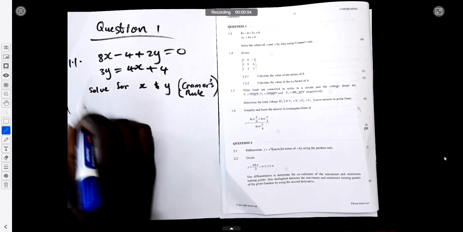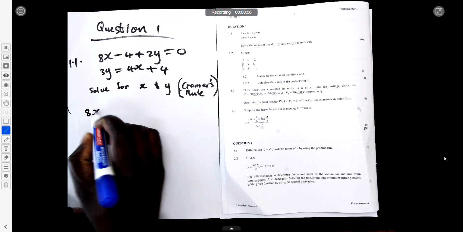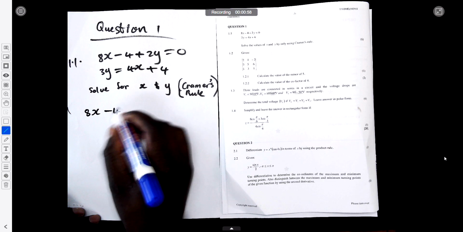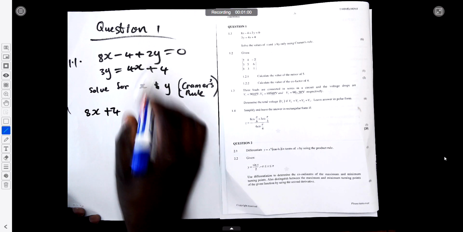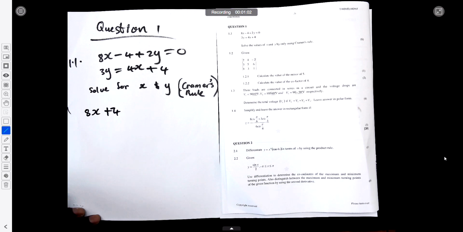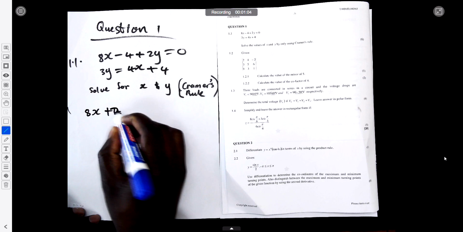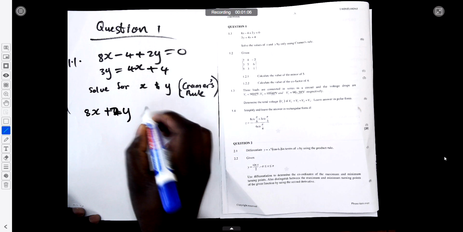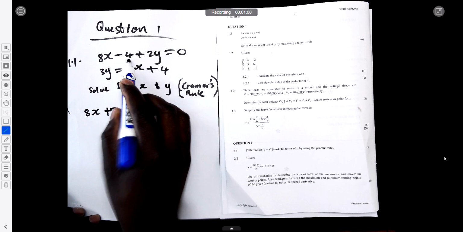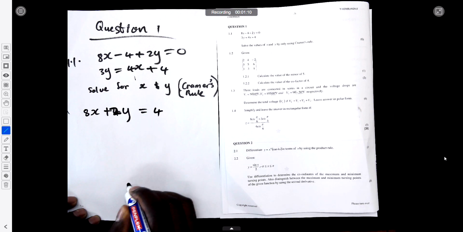As we know, we always need to arrange the equations first. Let me arrange the first equation starting with x and y, and take the constant to the right hand side. This is going to be 2y equals, taking 4 to the other side, positive 4.